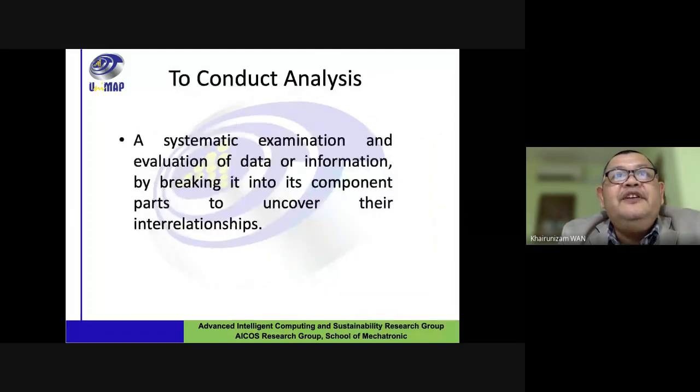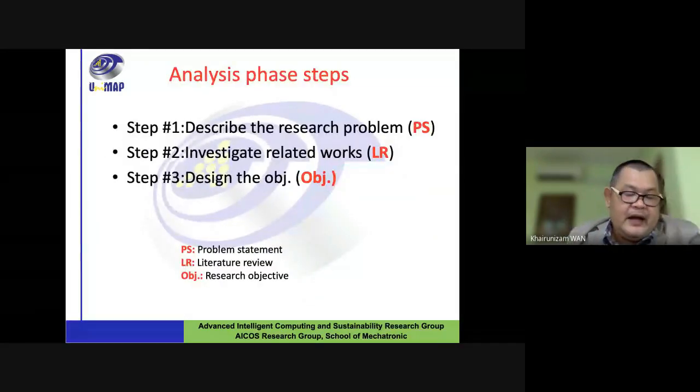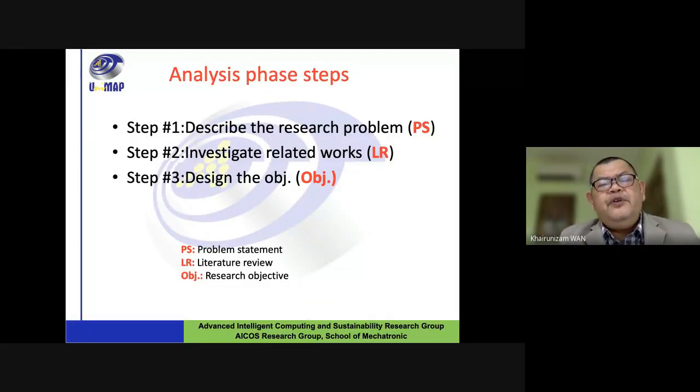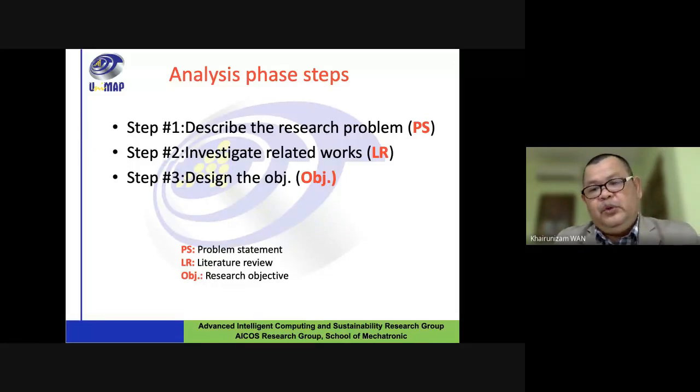Analogy is analogy, and under research methodology, we are talking about how to do the analysis for you to design a good proposal for the final year project. This is what I always share with my students for them to produce a good FYP, or final year project, proposal.